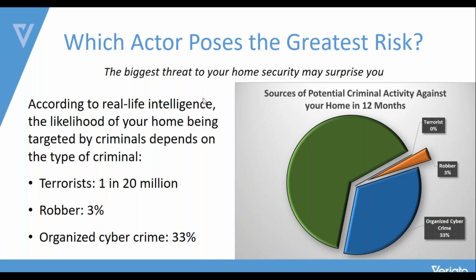We see more and more on the news almost every time we turn on the television. However, the probability of being successfully targeted by terrorists is only about 1 in 20 million. Although the news sensationalizes it, it's not likely that we're going to be hit. We probably have a better chance of winning some of the lotteries than getting hit by terrorism.